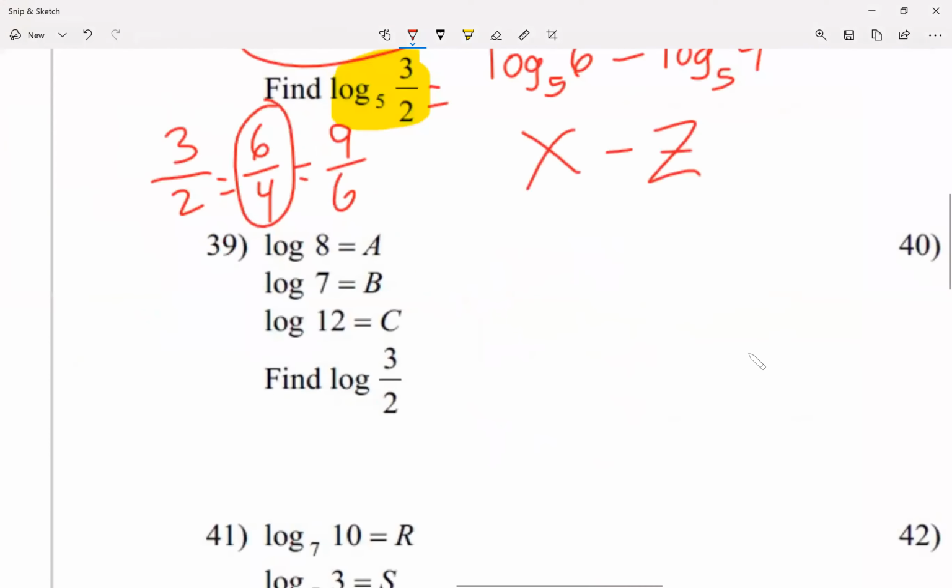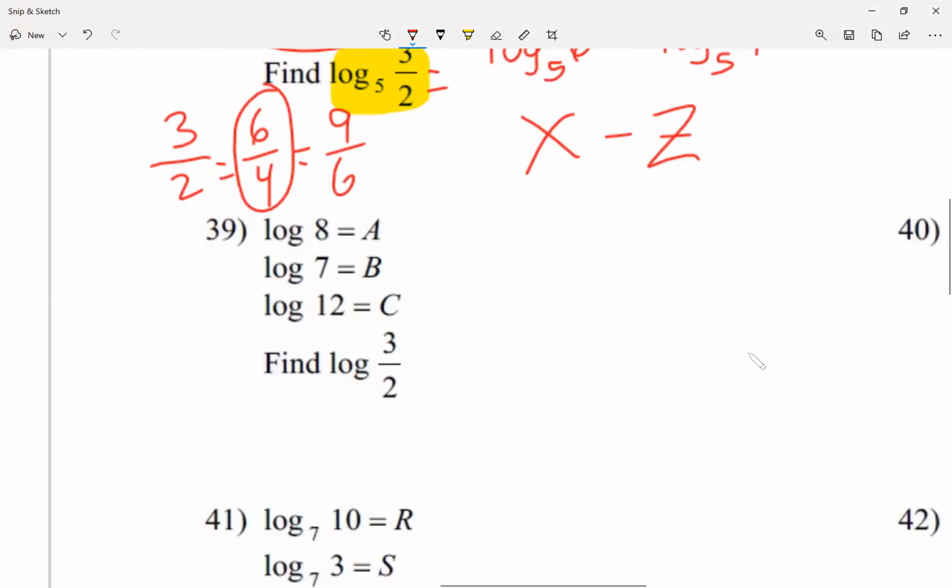Let's take a look at number 39. Now 3 over 2, I don't see a 3, I don't see a 2 here. Now, there's always a special case here, right? There's a special case here that we're not seeing. Log of 10, I'm going to say it's equal to 1. Now, some of you might be like, why 10?